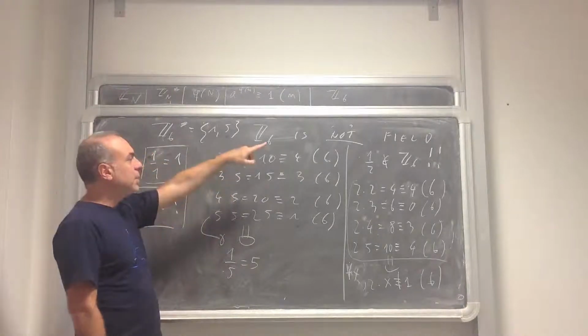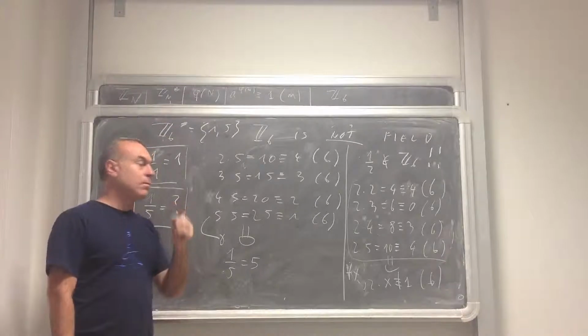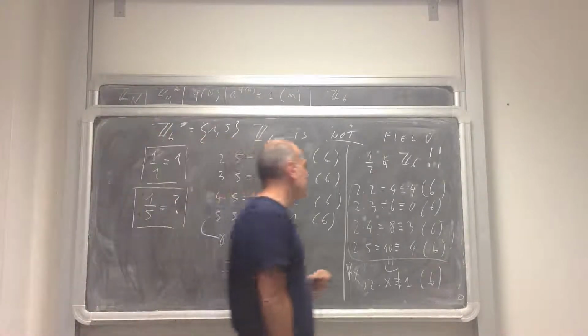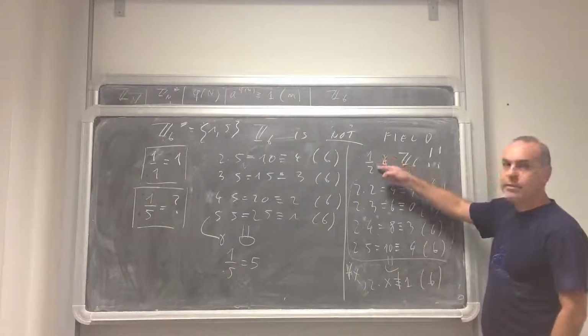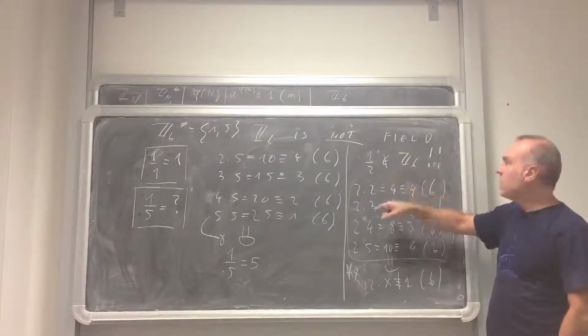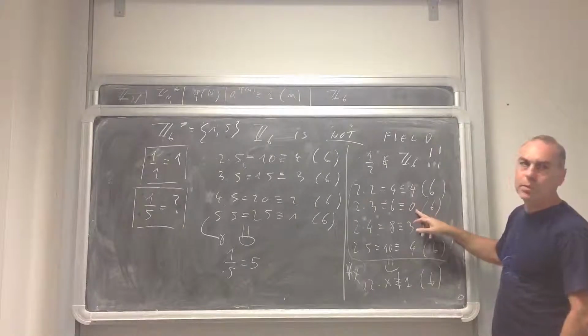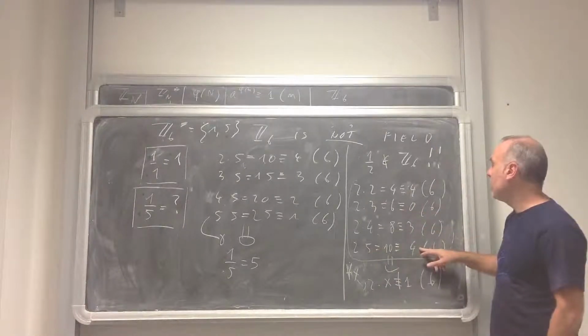Now, in a field, everything which is non-zero has an inverse. So, Z6 is not a field. Let's take 2. I claim that there is no inverse for 2. So, I try all products. 2 times 2, 2 times 3, which is 0, by the way. 2 times 4 is 2, 2 times 5 is 4.